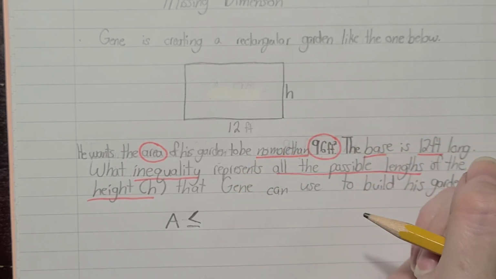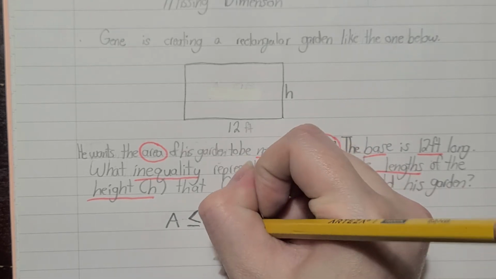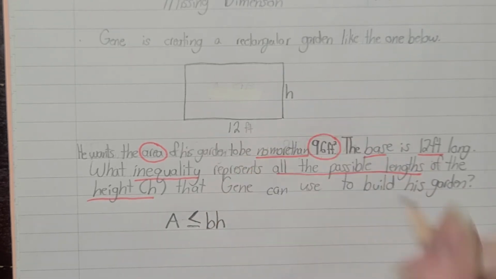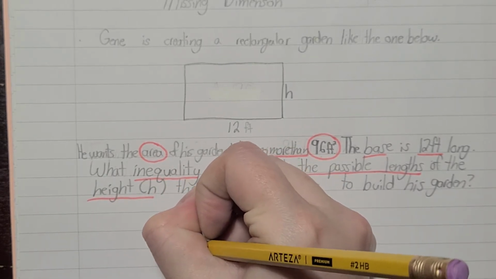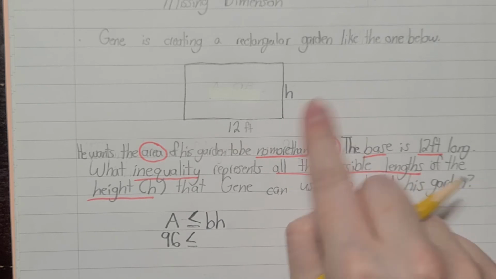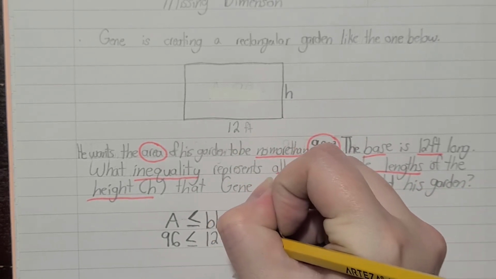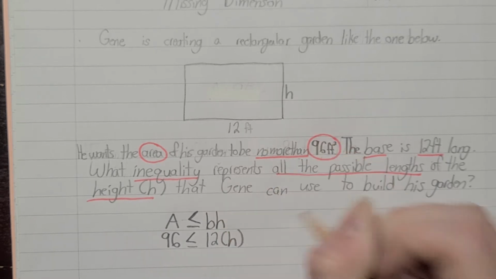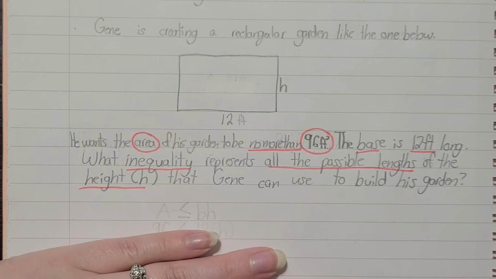And the base and the height, or formula is base times height. So let's go ahead and plug in our numbers. So now my area, I know, okay, so 96, the area can be no more than, when these two are multiplied, so 12 times H. Let's try this again.